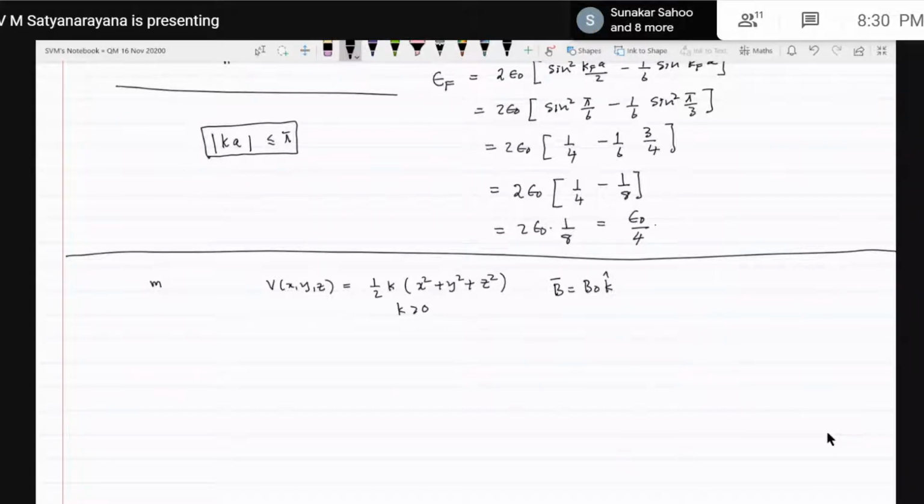Into how many distinct levels will the second excited state of the unperturbed Hamiltonian split? There are 4 options. Option A is 5. Option B is 4. Option C is 2. Option D is 1.